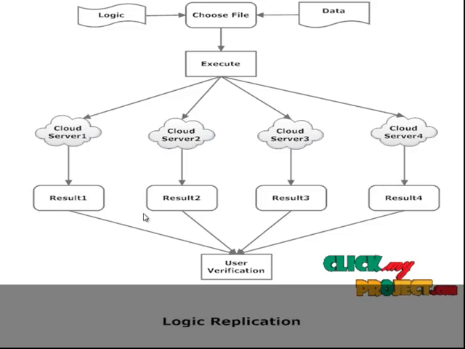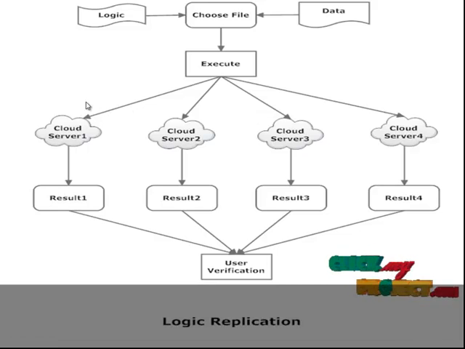Then the next process is the logic replication. The logic replication is executed to check the correctness of the cloud servers. First the user chooses the logic and corresponding data. The user executes the same logic and data on multiple clouds. Four clouds are used and the four clouds are given the same data and logic.